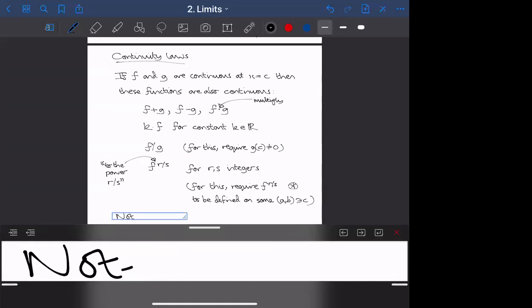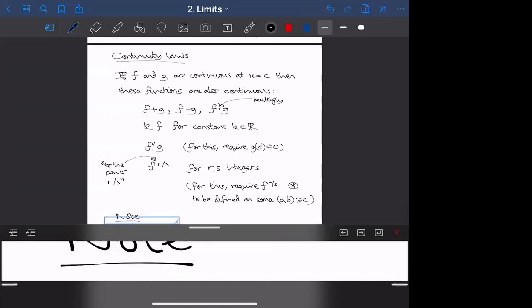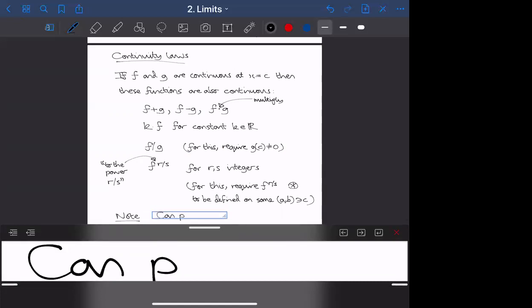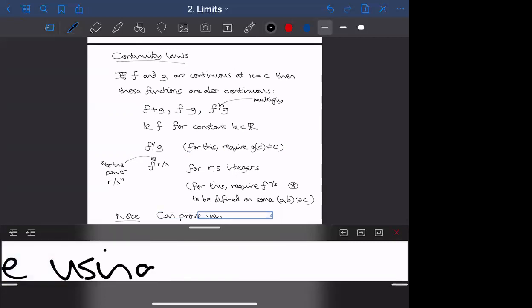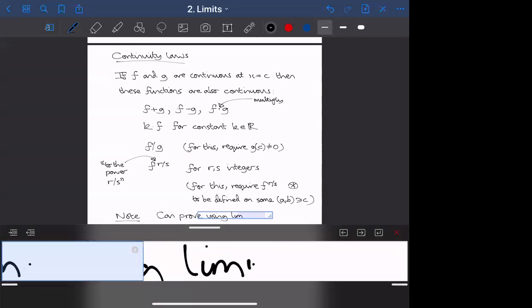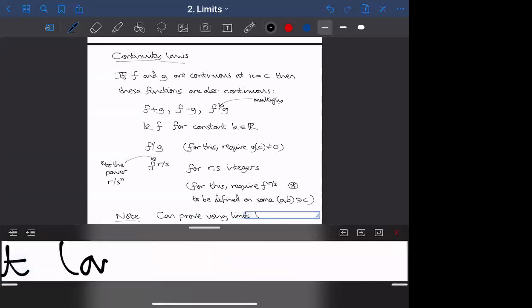So, how can we prove these claims that f plus g is continuous if both f and g are? Well, let's just prove the easiest one. Some other proofs are in the book.